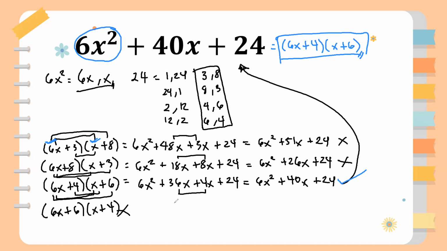Pero since meron tayong value nitong first term na coefficient, may coefficient tayo sa first term, yun yung medyo poproblemahin natin. So magta-trial and error pa rin talaga tayo. Okay? Sige, I think meron pa tayo ditong another example.